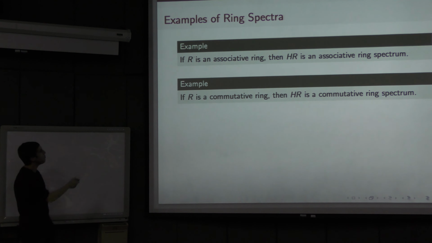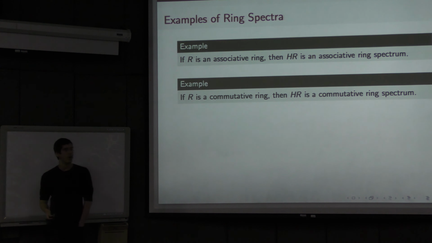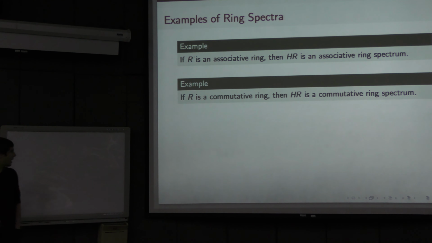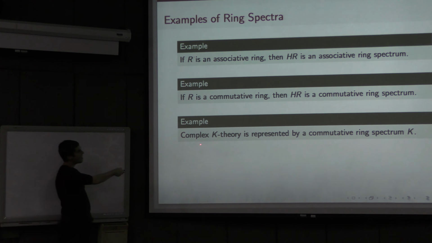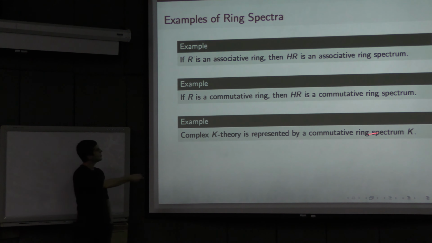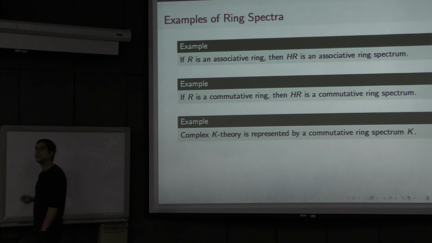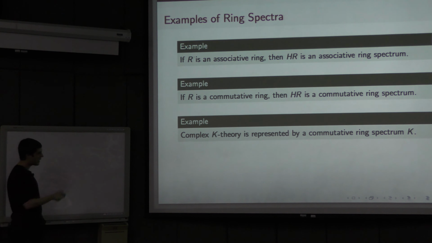If R is a commutative ring, then you can regard HR as a commutative ring spectrum. And I've only given you one other example of a spectrum so far, or a cohomology theory, complex K-theory. This is also represented by a commutative ring spectrum, which is typically denoted by K or by KU.